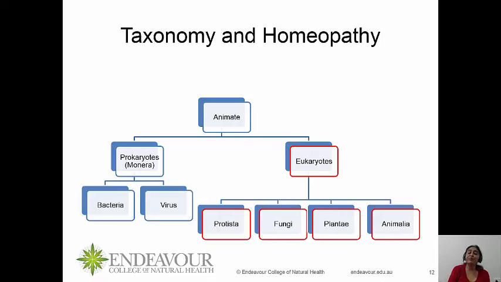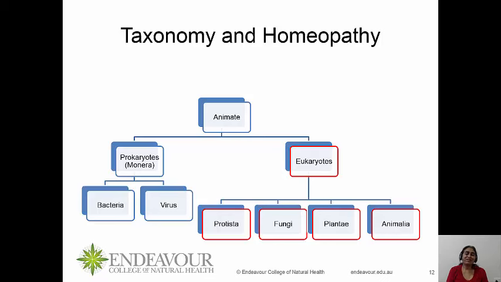These are very primitive organisms, divided into the bacteria and the virus. The eukaryotes are those animals and plants which have got a distinct nucleus covered by a nuclear membrane. Now, under the eukaryotes come the protista, fungi, plants, and the animals.